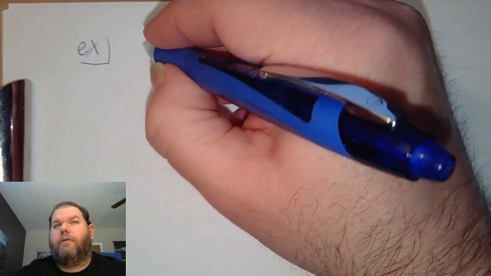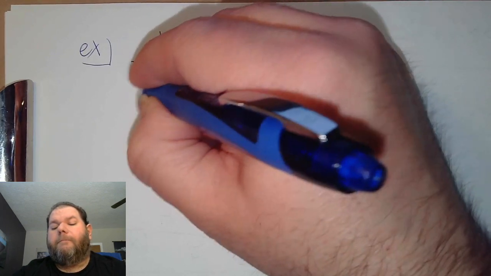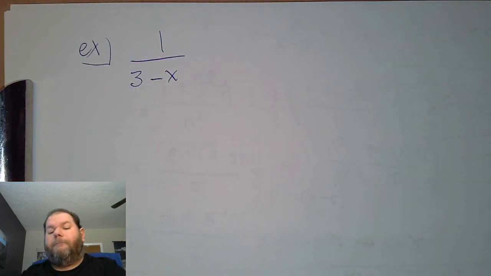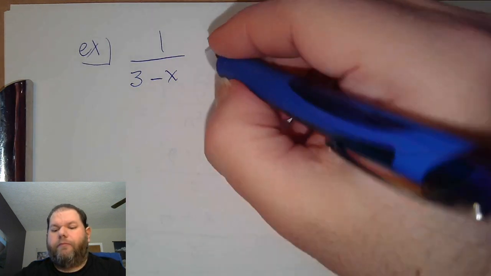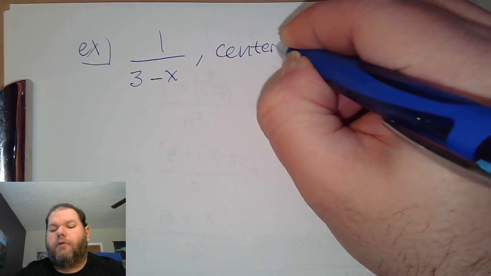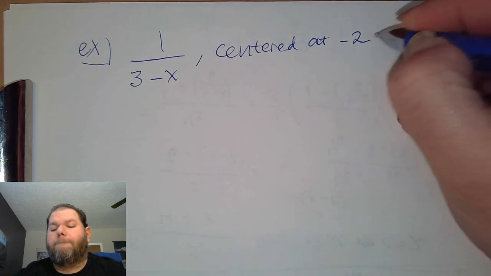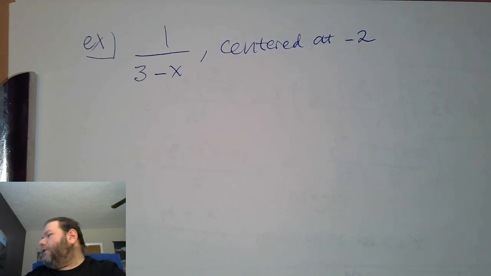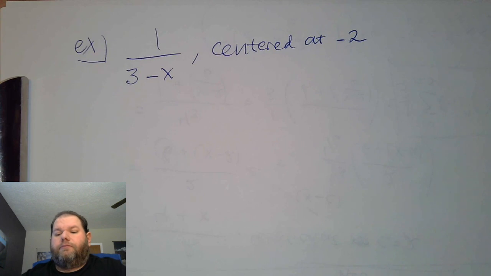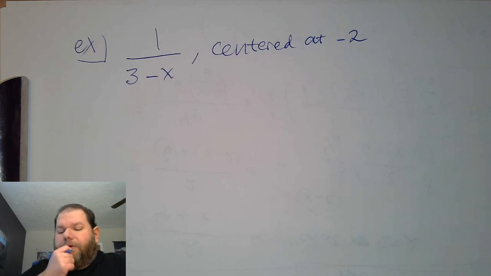Let me do another example. This one we'll say is centered at -2. Now, how are we going to do this?